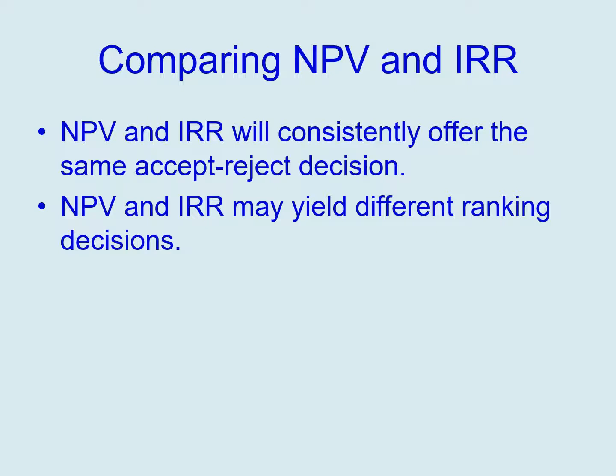However, we need to know more than acceptable or reject. A lot of times we need to rank projects. So you have a capital budget of X amount of dollars and you can't afford to accept all your profitable projects, so you're going to have to rank them. And this is where NPV and IRR can give different decisions. So we're going to talk about that in detail as we get into part 2.